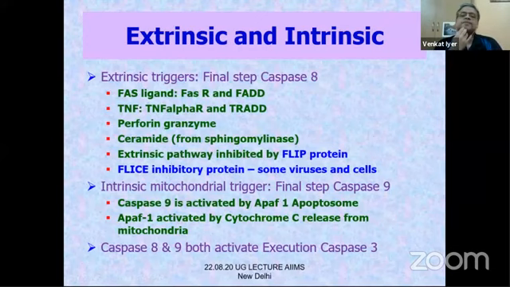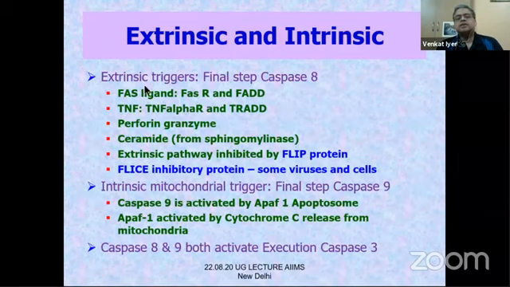The second step to understanding the apoptotic pathway is to look at what causes activation of executioner caspase 3. There are two ways it can be activated, which are caspase 8 and caspase 9. And these two have different pathways for activation.